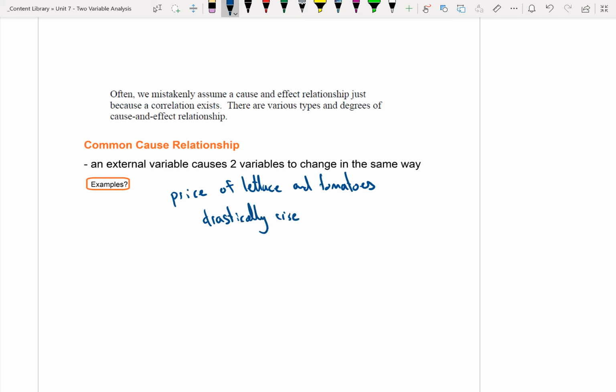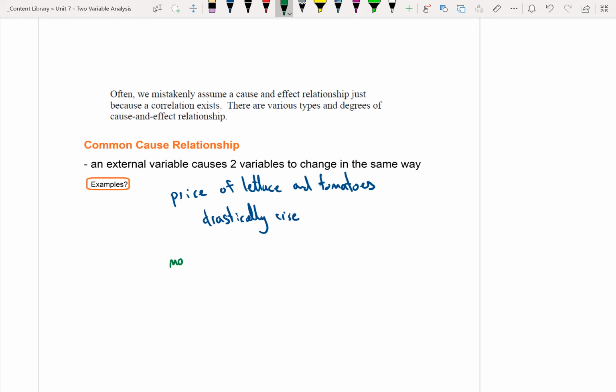So if I were to look at these two variables, the price of lettuce and the price of tomatoes, we could see that as one increases, the other increases, but that doesn't necessarily mean that the price of lettuce is causing the price of tomatoes to increase. There could be an external variable that affects both of them in the same way.